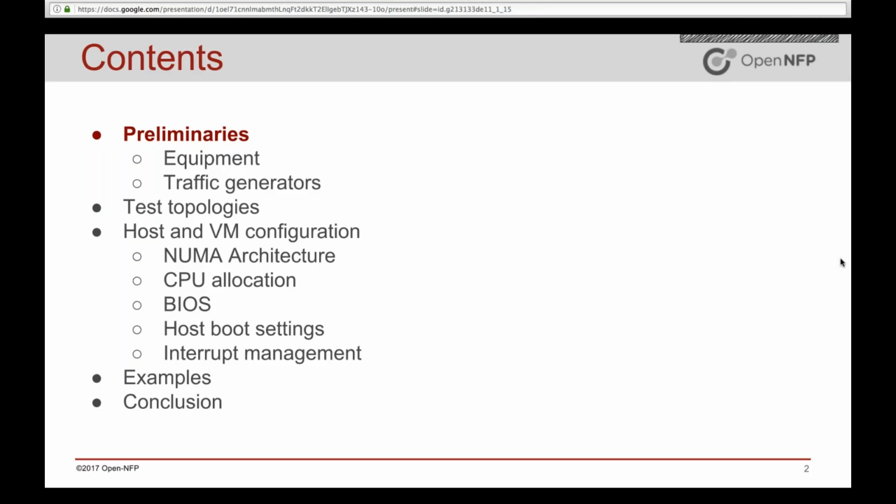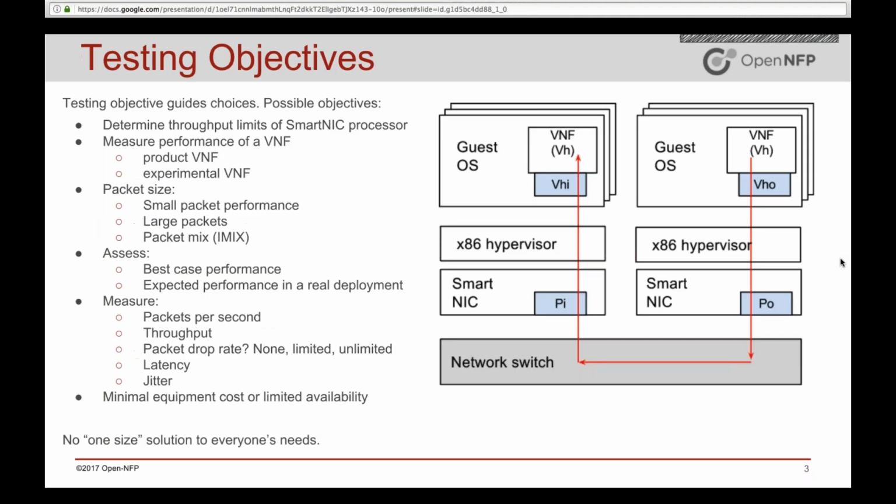Before we get into the details of the talk, one of the things that you need to do is to plan out what you're going to need in order to do the testing and what your goals are. So let's talk a little bit about the objectives that you might have.